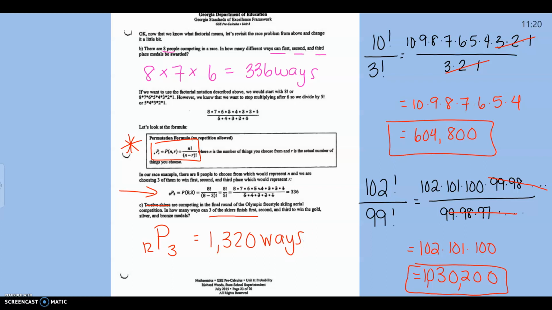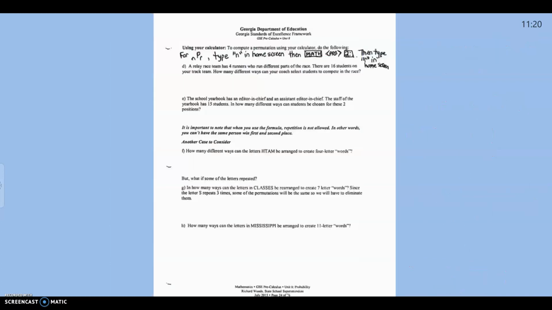Okay, so let's look at another example. So notice it's got your calculator directions at the top if you forget. So D says a relay race team has 4 runners who run different parts of the race. There are 16 students on your track team. How many different ways can your coach select students to compete in this race? So you have 16 people to pick from, and you're picking 4 runners.